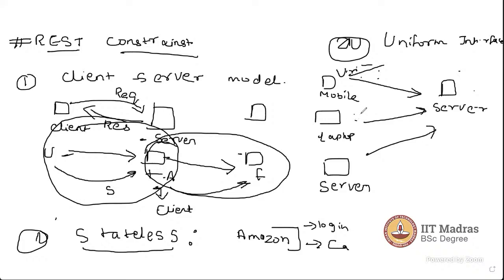No, all the interfaces can have ideal communication with the server, without knowing the state, without knowing the device from which it is being requested. Okay, so these are some points.